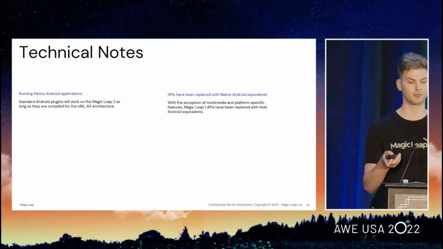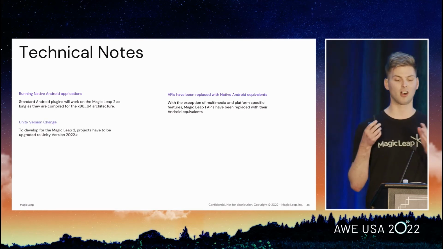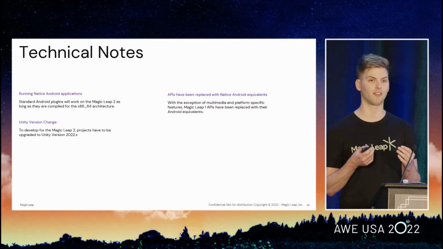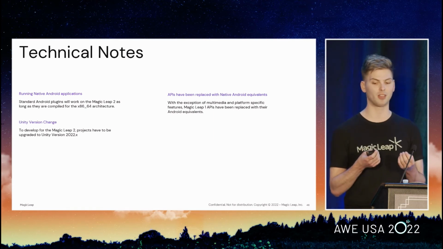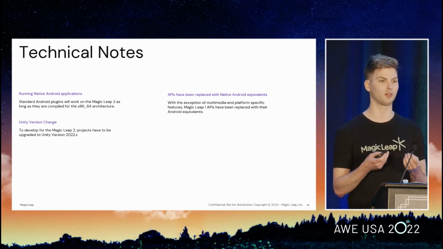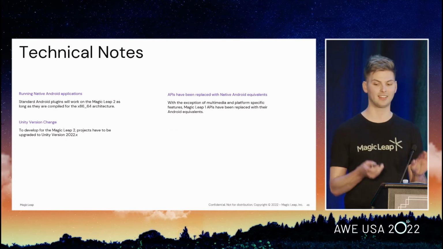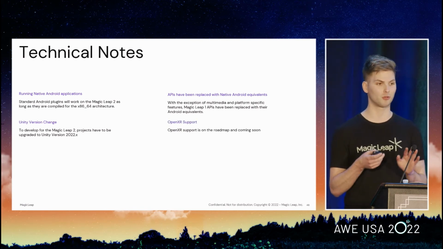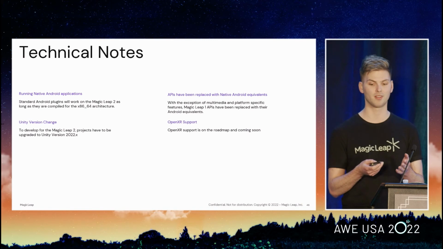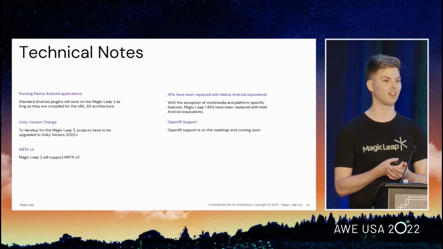For example, permissions. And all applications that are running on the Magic Leap 2 will have to be upgraded to Unity version 2022. And yes, OpenXR support is on the roadmap and coming soon, as well as support for the MRTK v3.